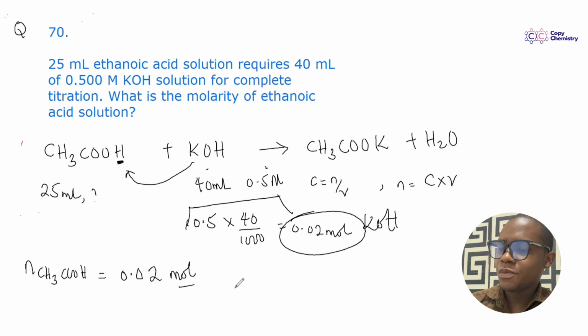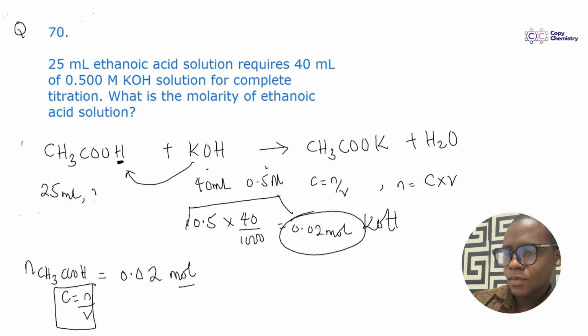Now that we know the number of moles of ethanoic acid, remember that concentration or molarity is equal to number of moles divided by volume. I want to use the same equation to tackle the ethanoic acid. Number of moles is 0.02. Volume is 25 ml. Therefore, I can get my molarity.